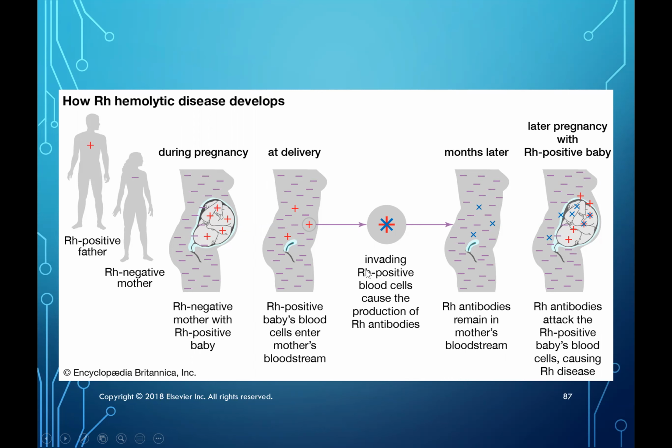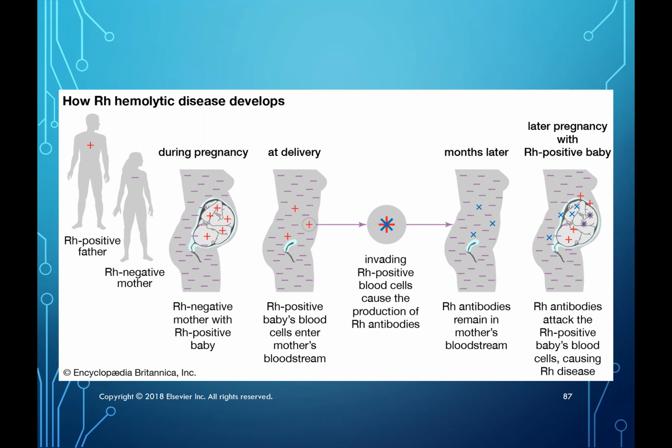The invading Rh positive blood cells cause the production of Rh antibodies. So now the mom has antibodies to fight if this happens again. The Rh antibodies remain in mother's bloodstream, but then she gets pregnant with an Rh positive baby again, and the Rh antibodies attack the Rh positive baby's blood cells, causing Rh disease, which causes immune hydrops, causes the baby to potentially die, and that's what immune hydrops is.